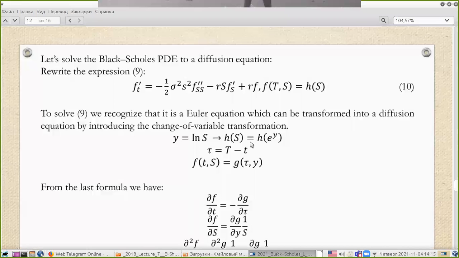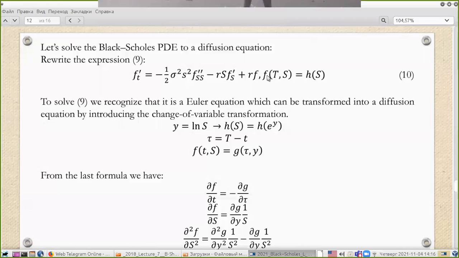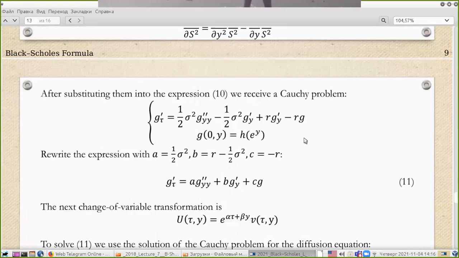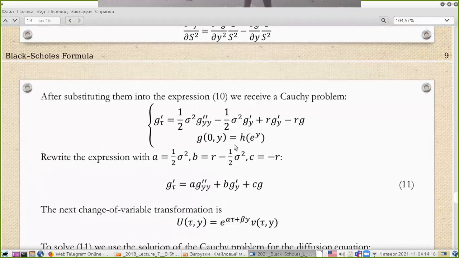The initial value is f from T s equals h from s, and in this case it looks like this.